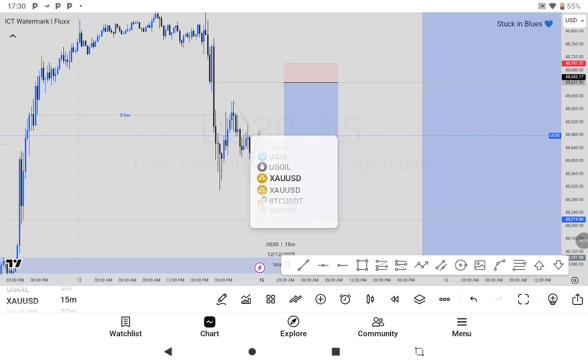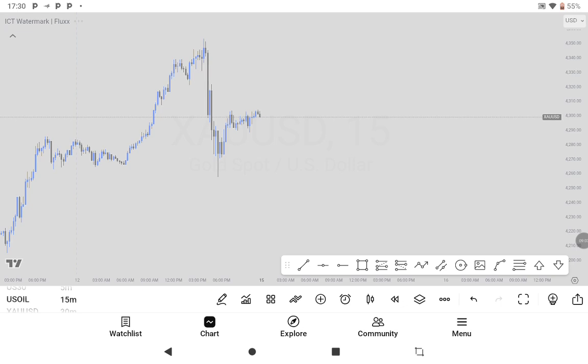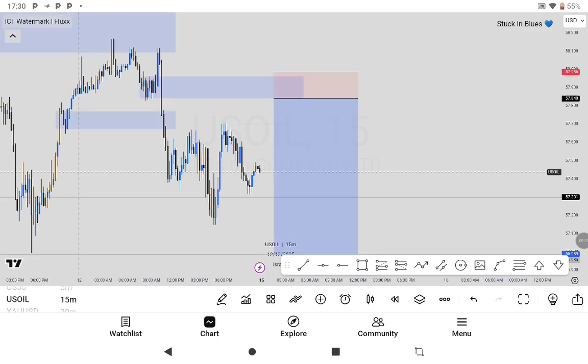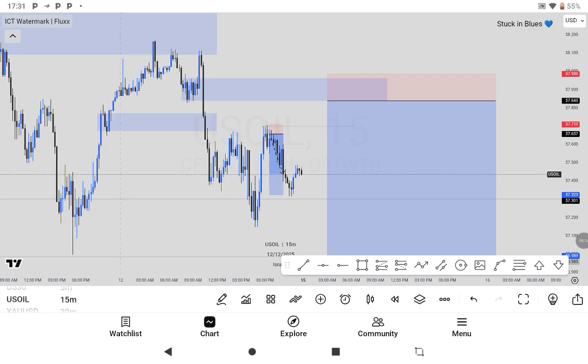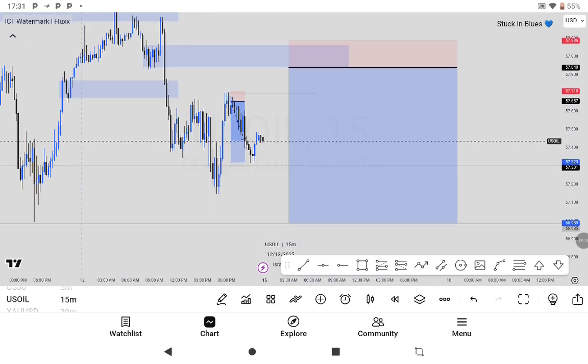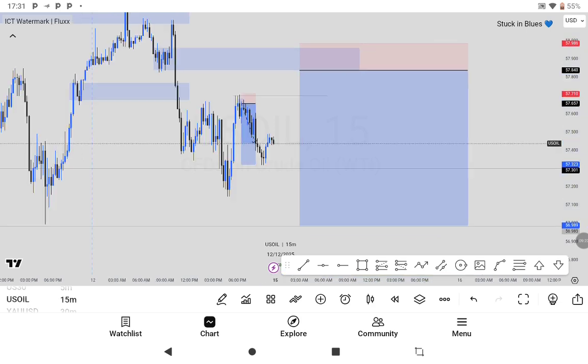Let me look if I can see something here. US oil, not much, but I'll not be doing any explanation here. I already told you guys I've taken all the wicked pairs. I've added them to my watch list. This pair is one of the fastest pairs I've ever traded.